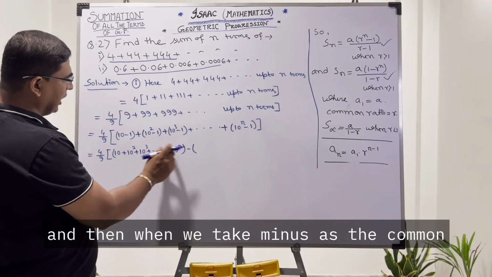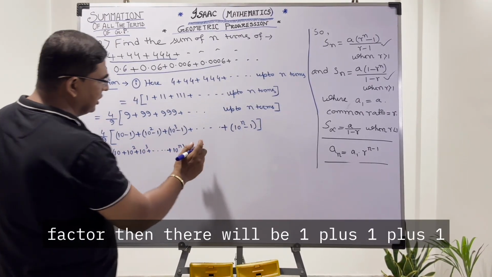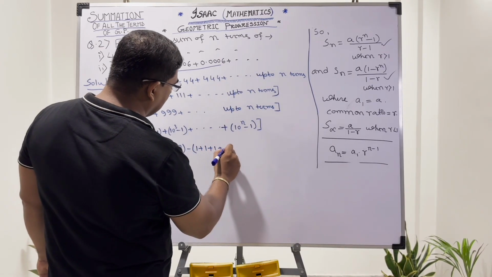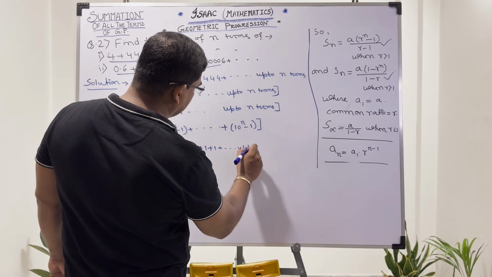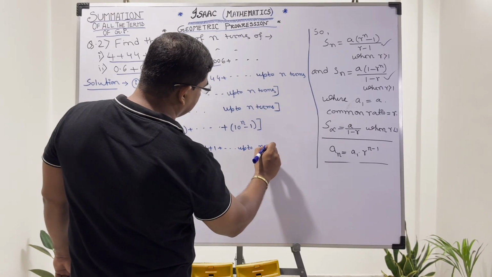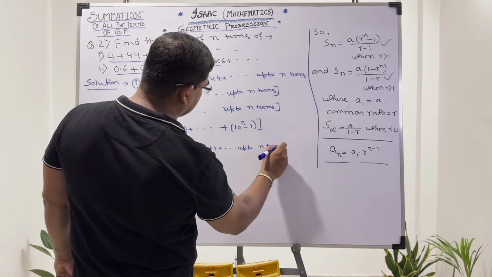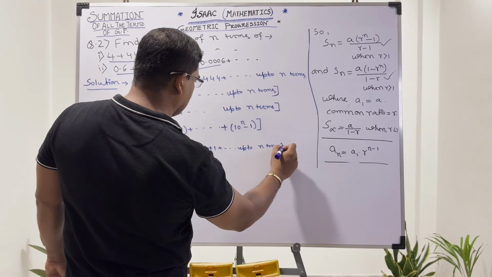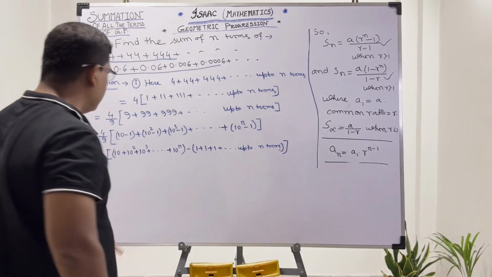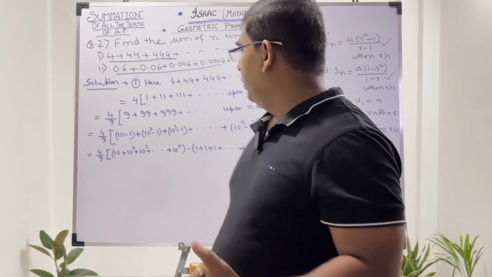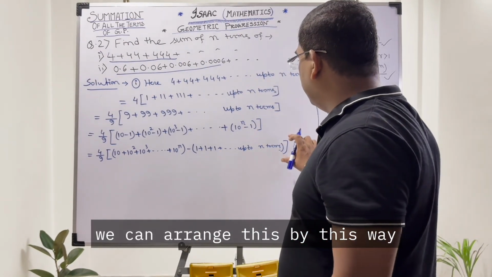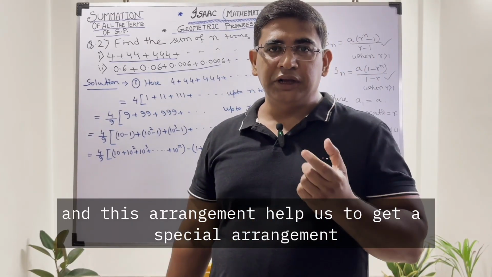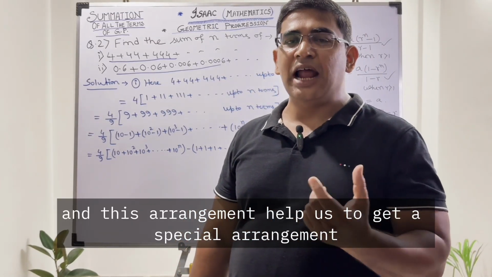And then when we take minus as the common factor, then there will be 1 plus 1 plus 1 plus continuing up to n terms. Okay. So we can arrange this in this way, and this arrangement helps us to get a special arrangement.